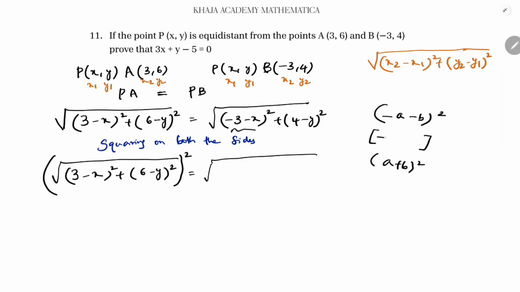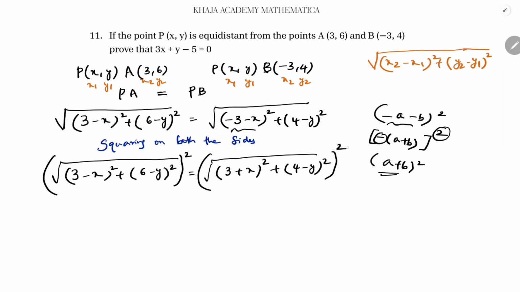Minus, if you take common, this minus whole square will become (a plus b) whole square. So I can write (3 plus x) whole square plus (4 minus y) whole square. Square and root get cancelled. So now we are left with (3 minus x) whole square plus (6 minus y) whole square equals (3 plus x) whole square plus (4 minus y) whole square.